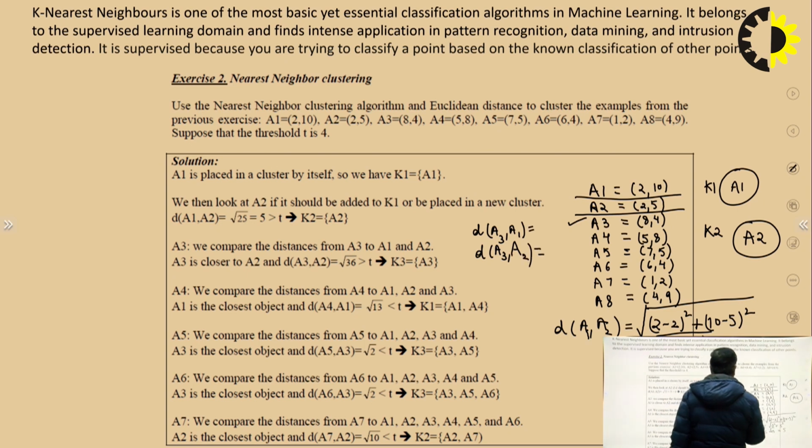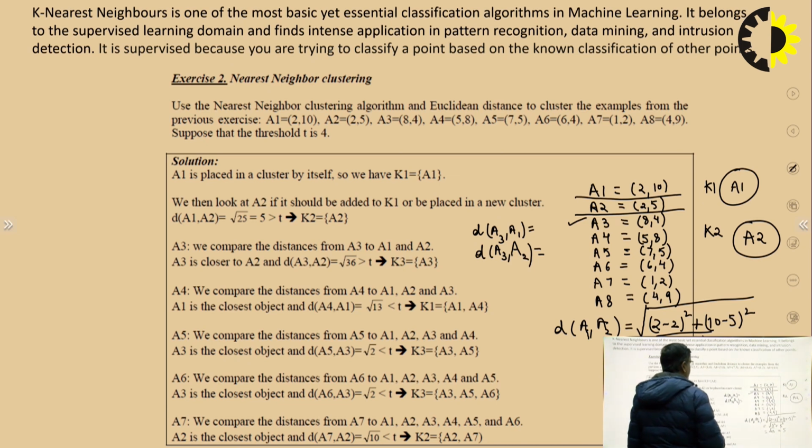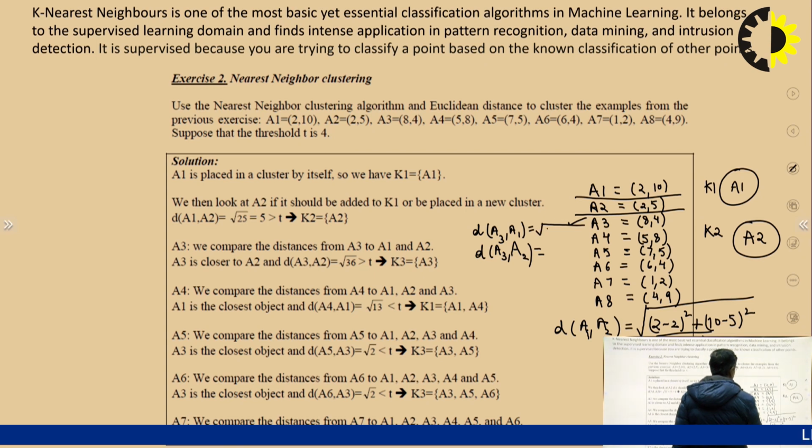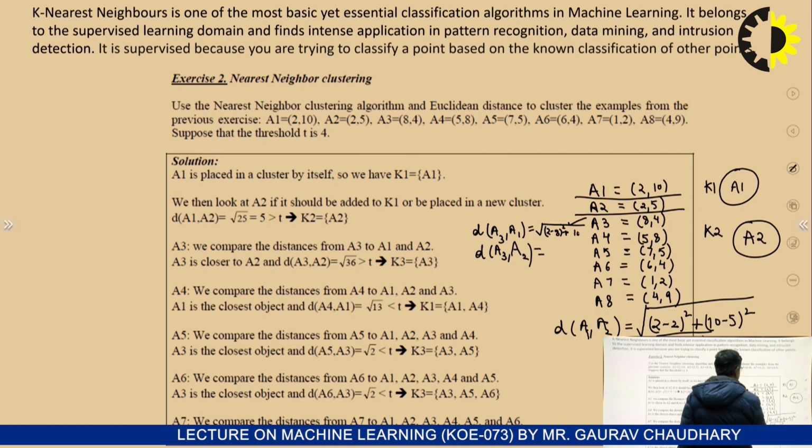We see that the distance of A3 with respect to A1 will come out to be the square root of (2 minus 8) whole square plus (10 minus 4) whole square.